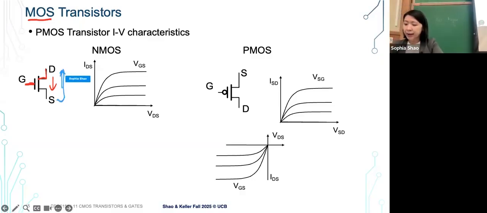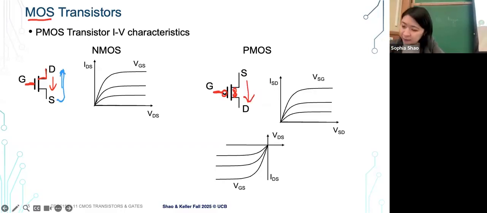So when we get to PMOS, instead of a high gate voltage creating a conducting channel, the gate will be a low voltage here, because now instead of electrons, we have positive charges flowing from source to drain.